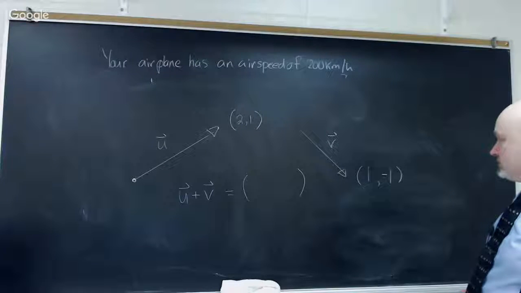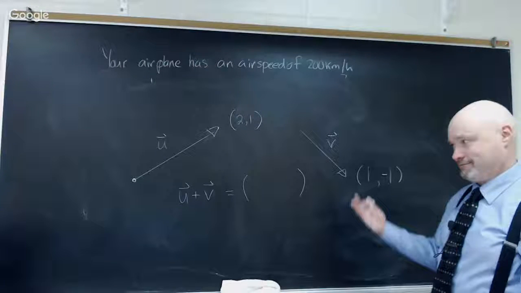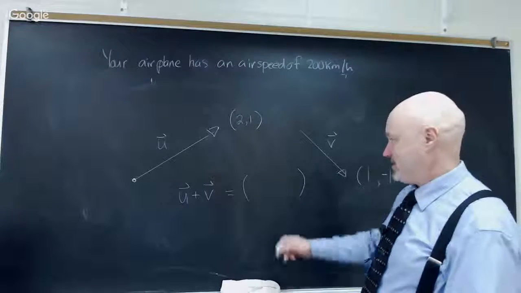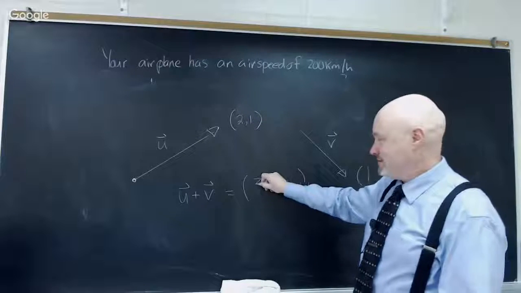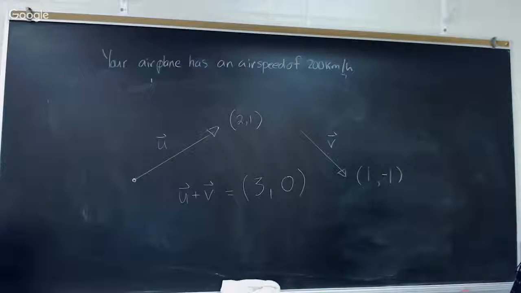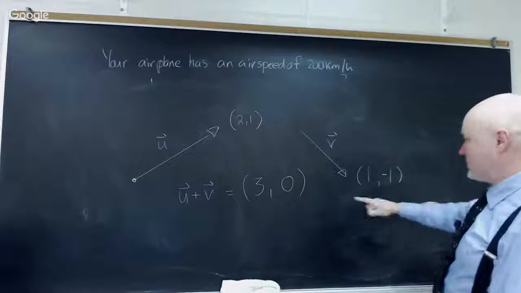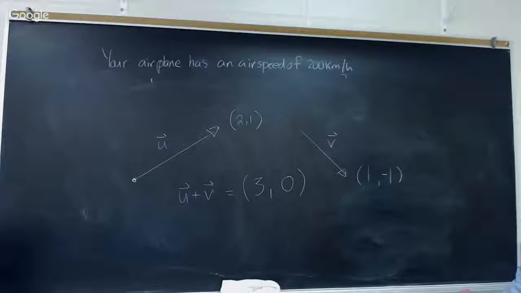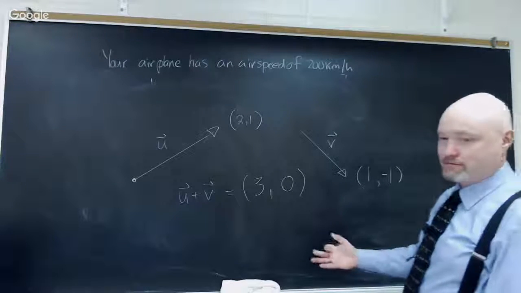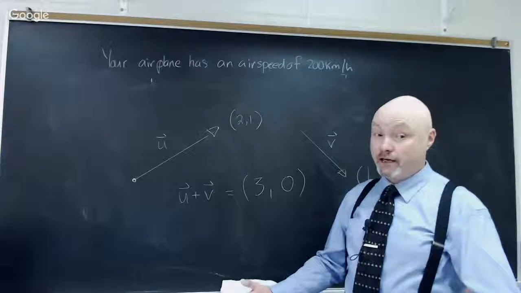You just add the points? Yeah, you just add. Pretty much, I guess. 3 and 0. 2 plus 1 is 3. 1 minus 1 is 0. So that's vector addition. Vector subtraction is also equally easy.